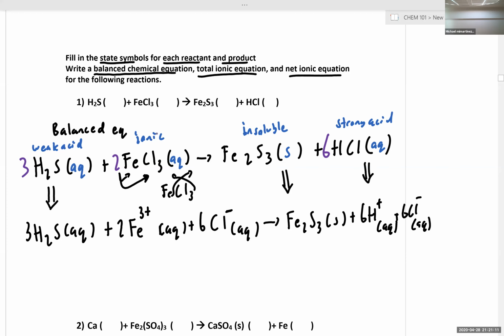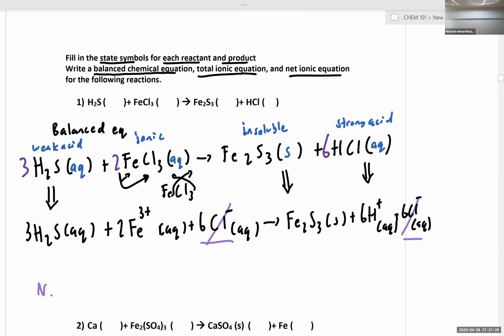Now we identify our spectator ions. What ions are identical in charge and physical state on each side? The chlorides, yep. So we can just cancel them out.